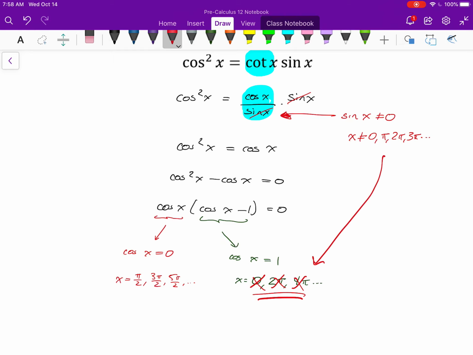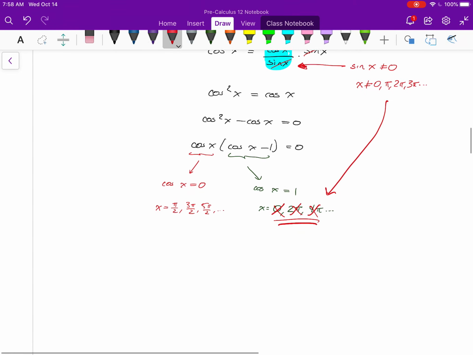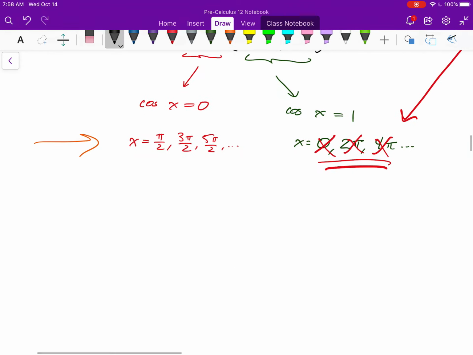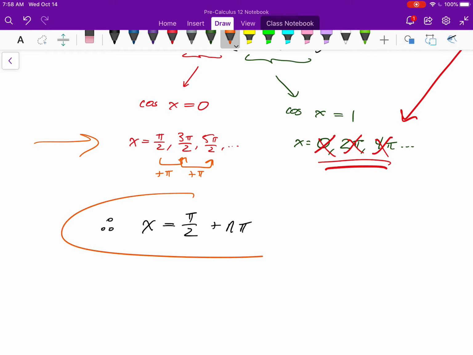And so all of those have to be rejected, which means my solution is only these ones right here. Let me now think about how I can express all those values as an algebraic statement. So I'll say, therefore, x equals, I'll just pick one, pi over 2 plus, from here to here, how far is it? I'm adding pi every time. So plus any multiple of pi, n pi, where n belongs to the integers.